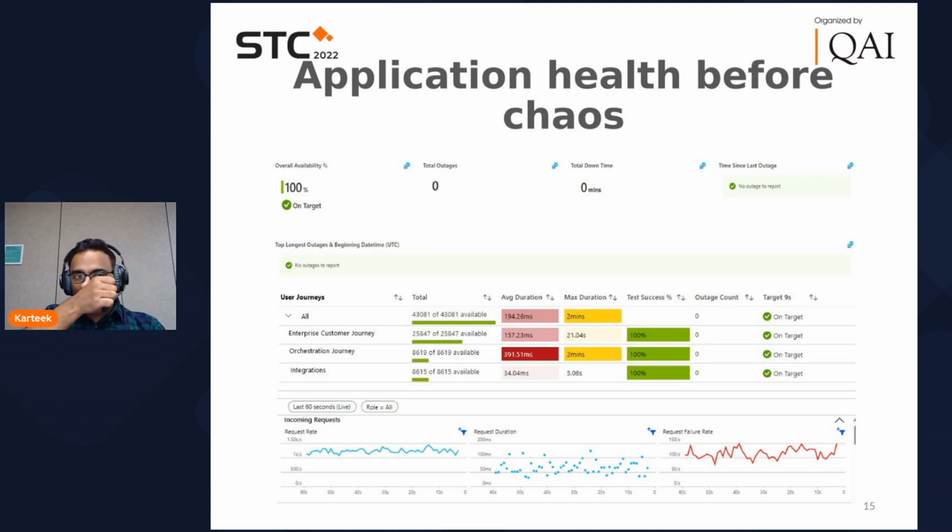So, this is a snapshot of what was happening before a chaos experiment run. This dashboard is what my performance testing shows. All the services are up, meeting all the SLAs that we have set in terms of throughput, latency, and availability.